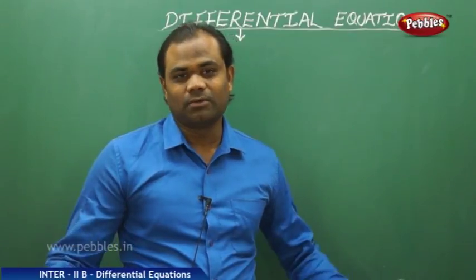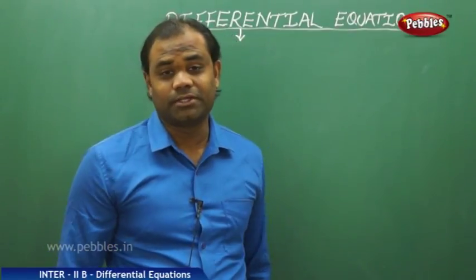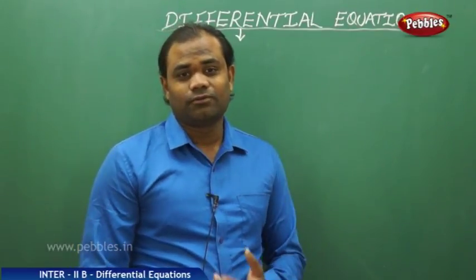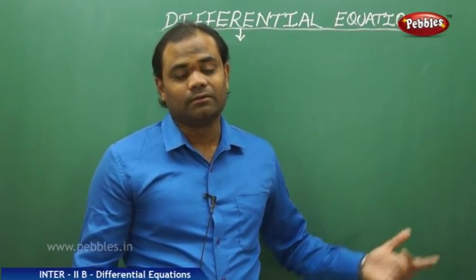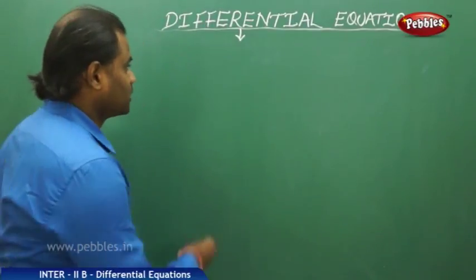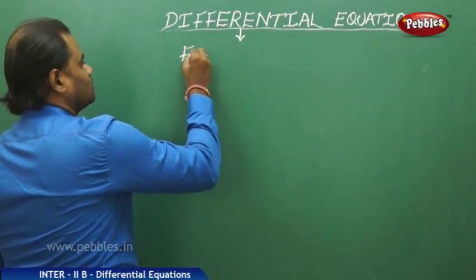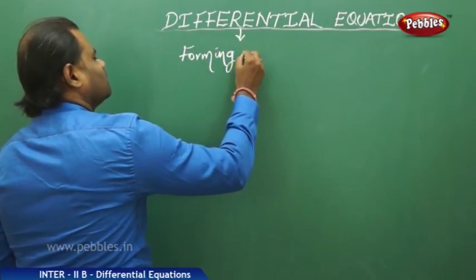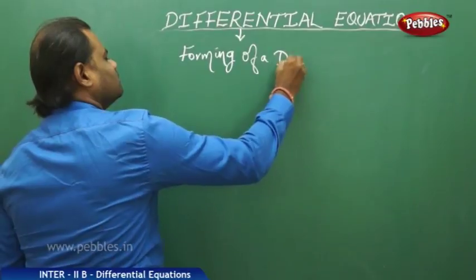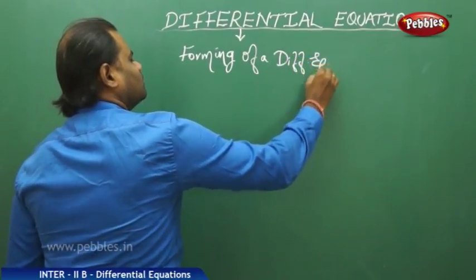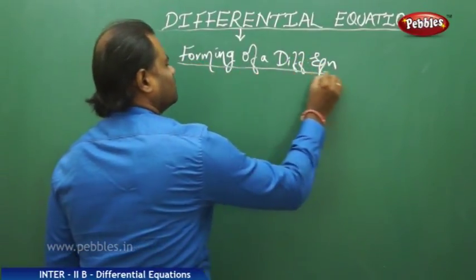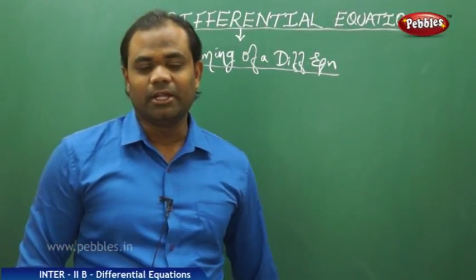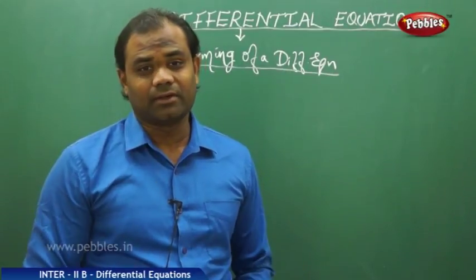Now next is about forming a differential equation. So let's see how a differential equation is formed from the general equation given. So the topic is about forming of a differential equation. This process generally involves elimination of the arbitrary constants.